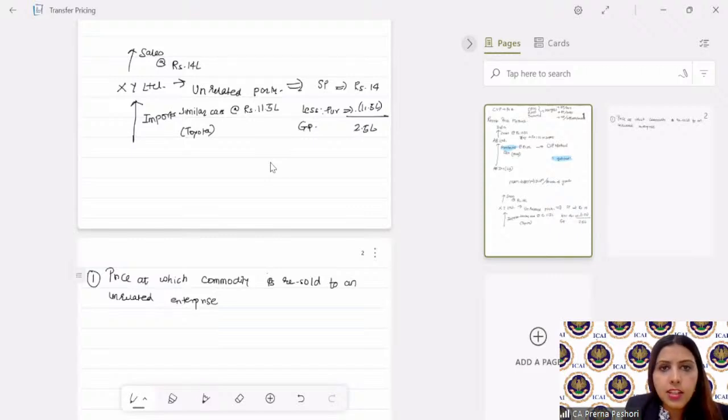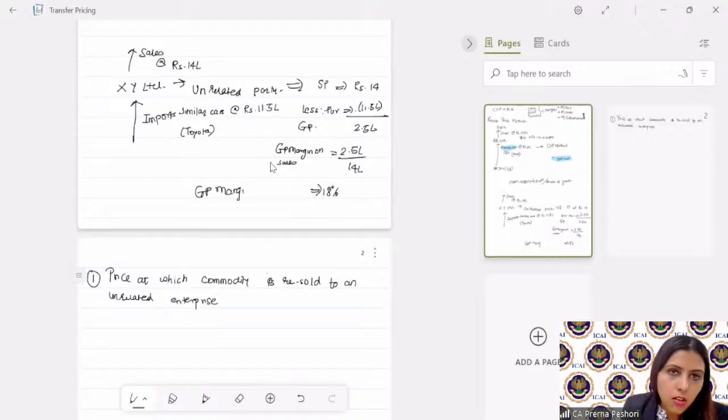And their GP margin on sales will be 2.5 lakh divided by 14 lakhs, which comes to 18%. So this is the GP margin of the unrelated party.